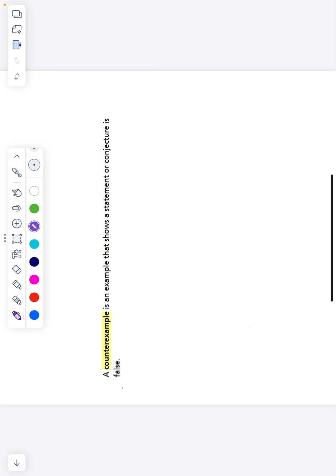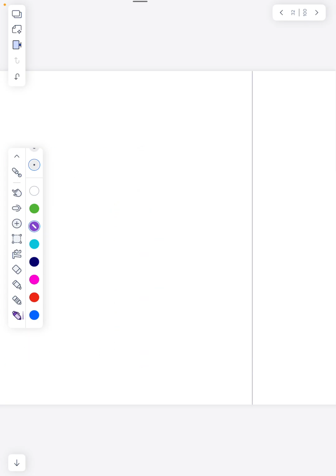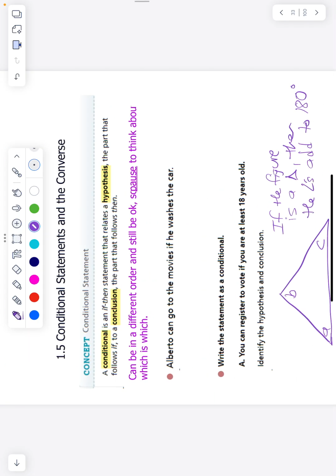Counterexample. It shows that a statement or conjecture is false. That's a big deal. If I can give a counterexample, it kind of disproves this conjecture, right? Or this conditional. So think about it, it said if he washes the car, Alberto can go to the movies.